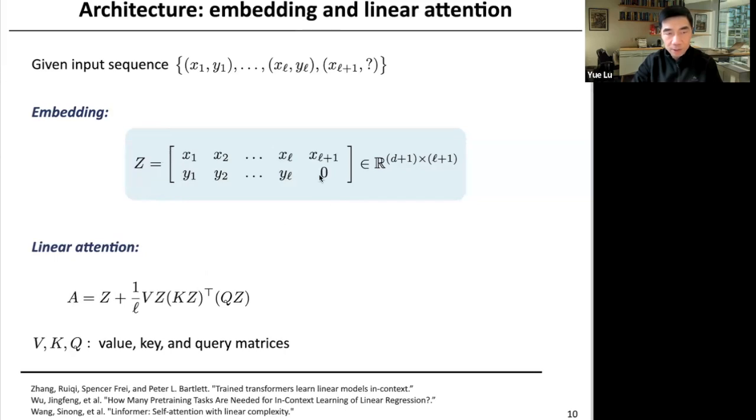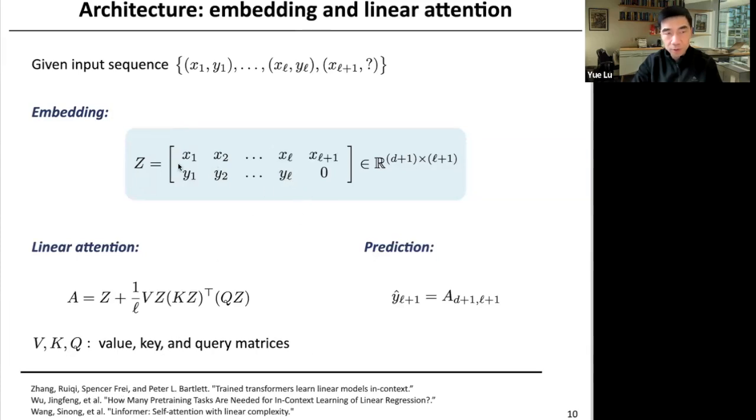Eventually, we only care about a single scalar prediction, which is the output at the last column, y. So we're going to take the output matrix A, and take only its lower right corner, and that is going to be our predicted output y hat of l plus 1. Okay, and this kind of embedding scheme has been previously used in the literature.